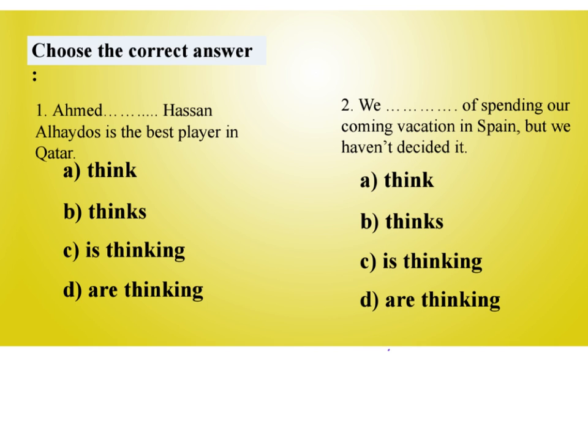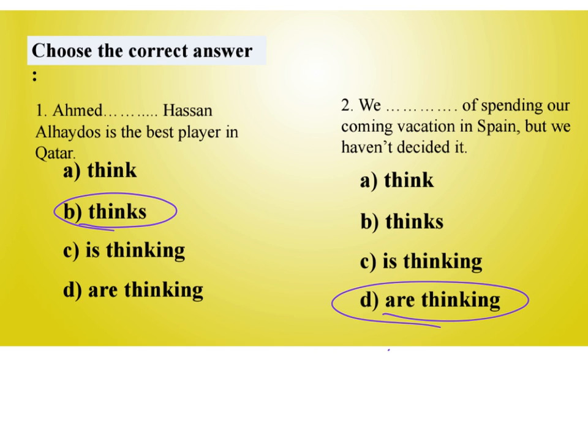Read question 1 and 2 carefully, stop the video and think of the answer. I've heard all of you have chosen thinks. And in the second example, they have chosen are thinking. But why? In the first one, it expresses an opinion.